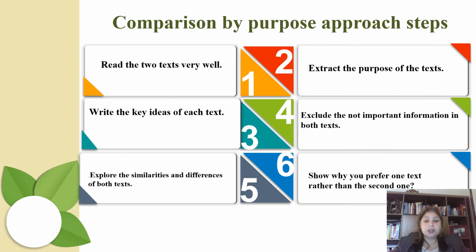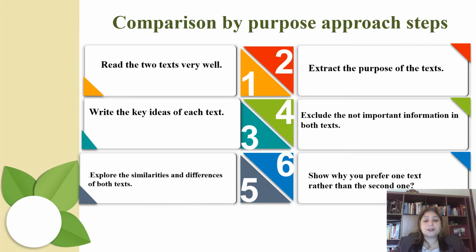So you need here to know the goal and the aim of the two texts. The third step is to write the key ideas, the important ideas of each text. So you need to write down in your notebook the key ideas of each text.